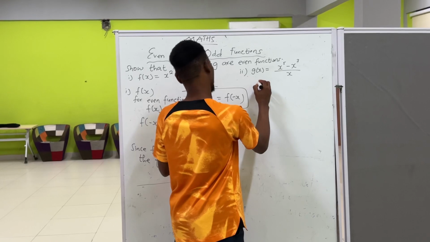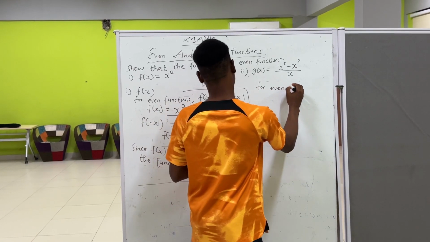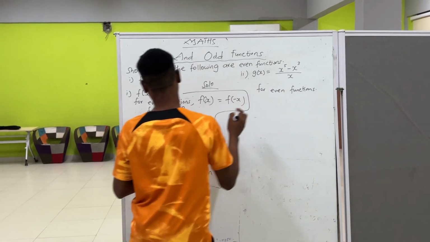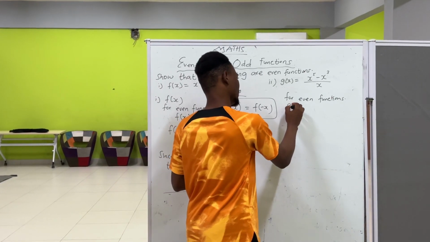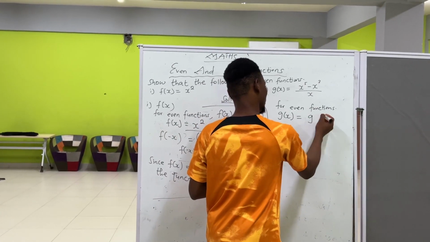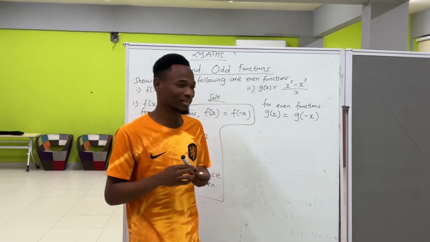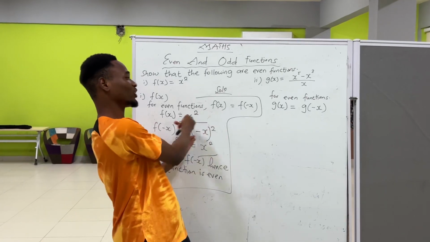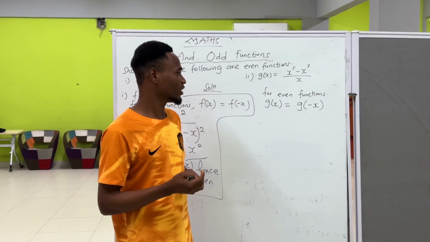Again, you know that for an even function, g of x equals g of negative x is the same thing. Here it was f of x. That's why we use this one. But here the function is given in g of x.